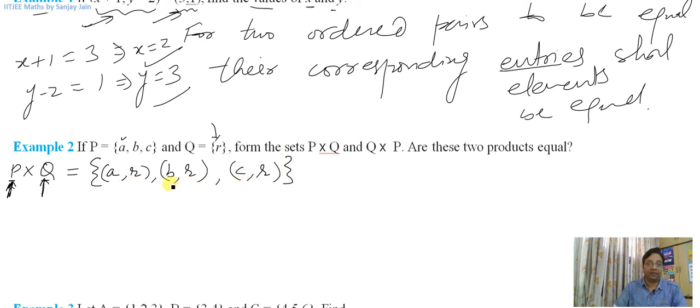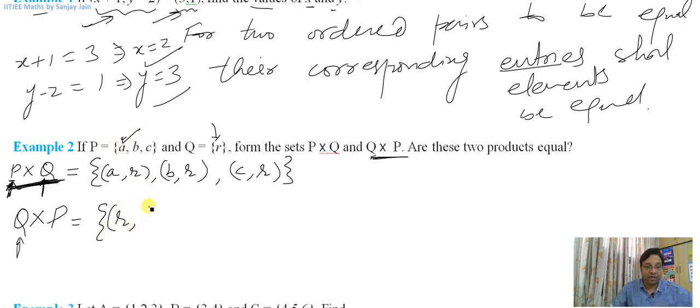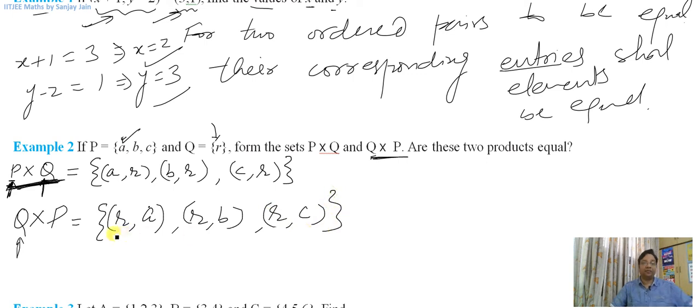When I write a set of these ordered pairs, that will give me P into Q, the Cartesian product of P and Q. I am also required to find the Cartesian product of Q and P. Now the first entry has to come from this set, which is R. It has got only one element, and the second entry will be from this set P. So (R, A), (R, B), (R, C). These are the ordered pairs that will form the elements of this set Q cross P.